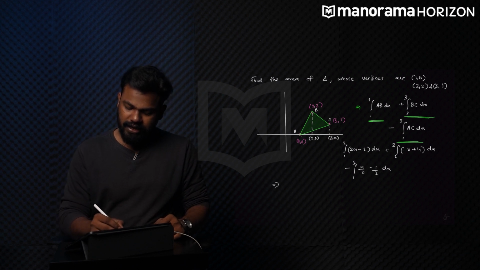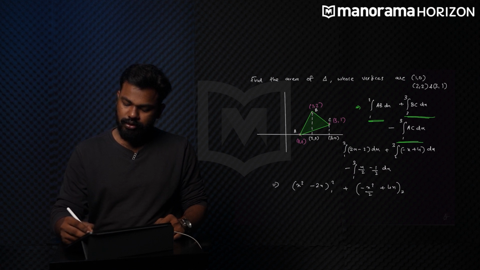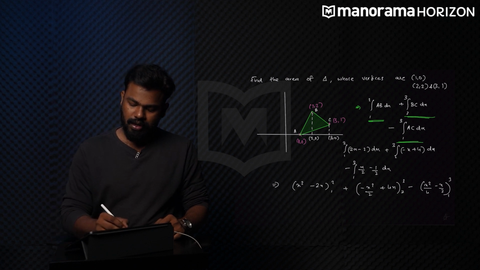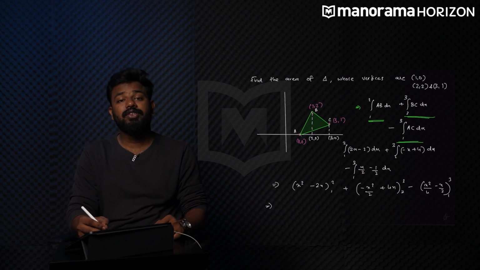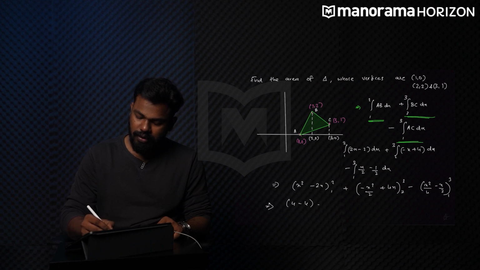So 2x minus 2, the integral will be x square minus 2x from 1 to 2 plus minus x, the integral will be x minus x square by 2 plus 4x from 2 to 3 minus this is x square by 4 minus x by 2 from 1 to 3. And when you do that, you will be getting x square minus 2x. When you put the upper limit, you will be getting 4 minus 4 minus 1 minus 2.